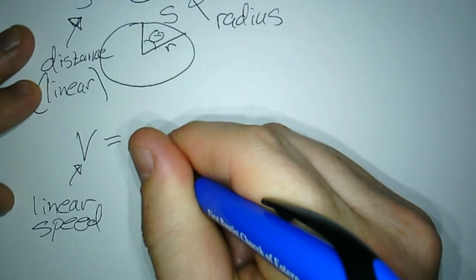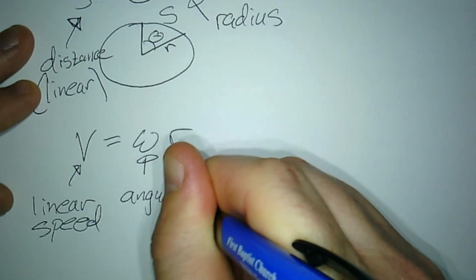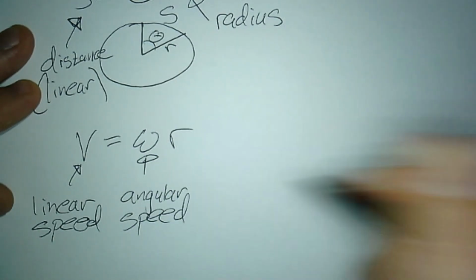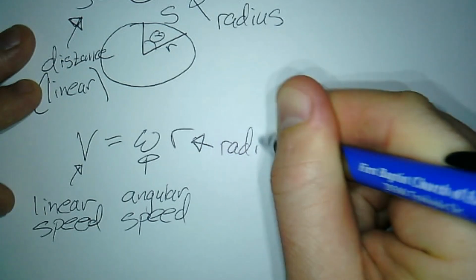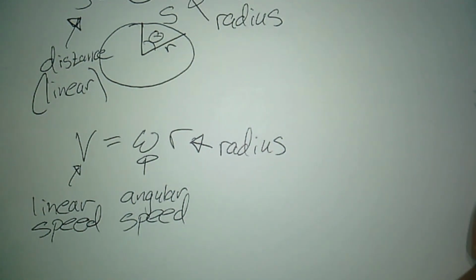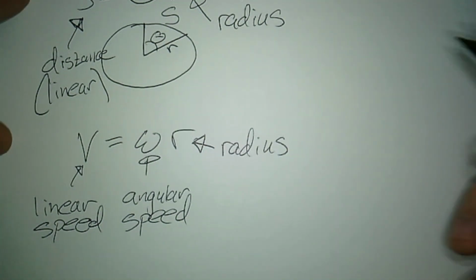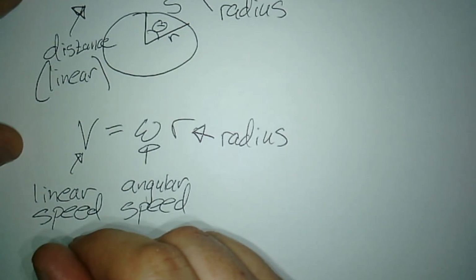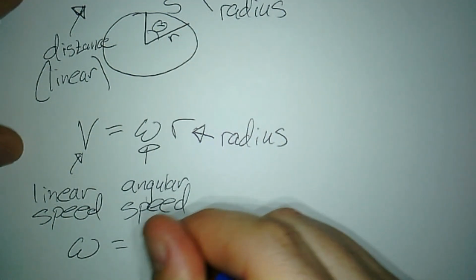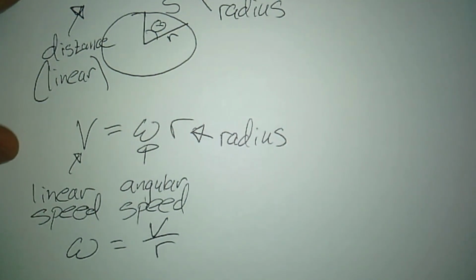Your V, your omega, which kind of looks like a W, is your angular speed, and R is, as always, your radius. So when we convert from angular speed to linear speed, we just multiply by R. If I want to go back the other way and find angular speed from linear speed, I would then need to say, well, omega is V over R. And that's pretty much it for linear speed.